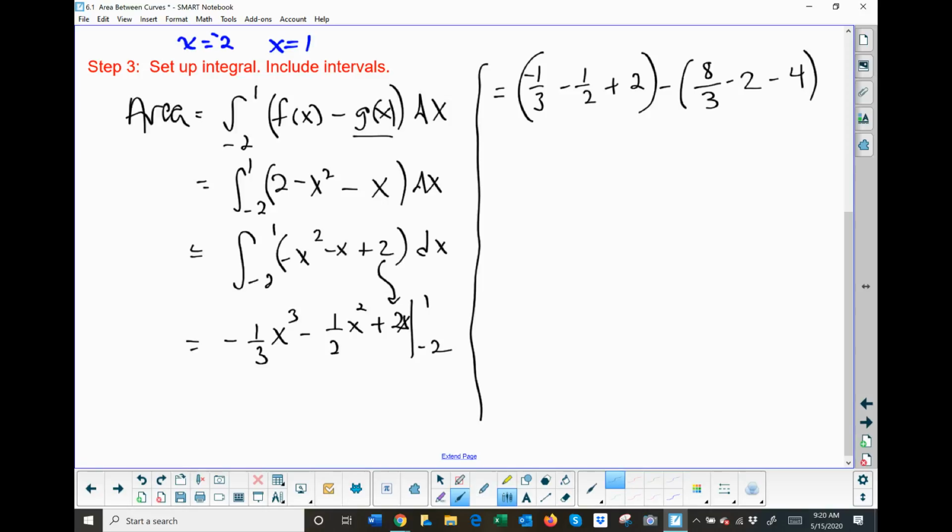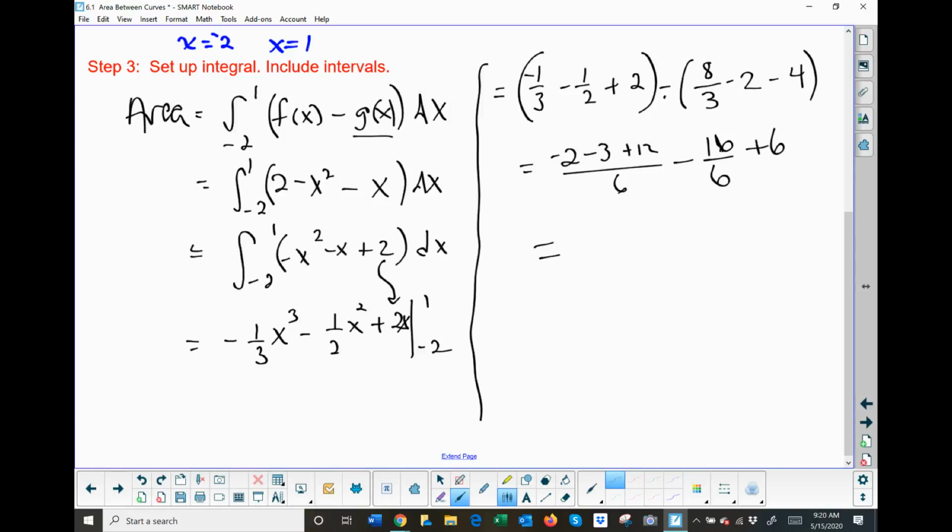Now let's put things together. I'm going to make sixths out of this first stuff, so that's going to give me negative 2 sixths minus 3 sixths plus 12 sixths. Take away 16 sixths. And minus 2 minus 4 is negative 6, but the outside negative makes this plus 6.